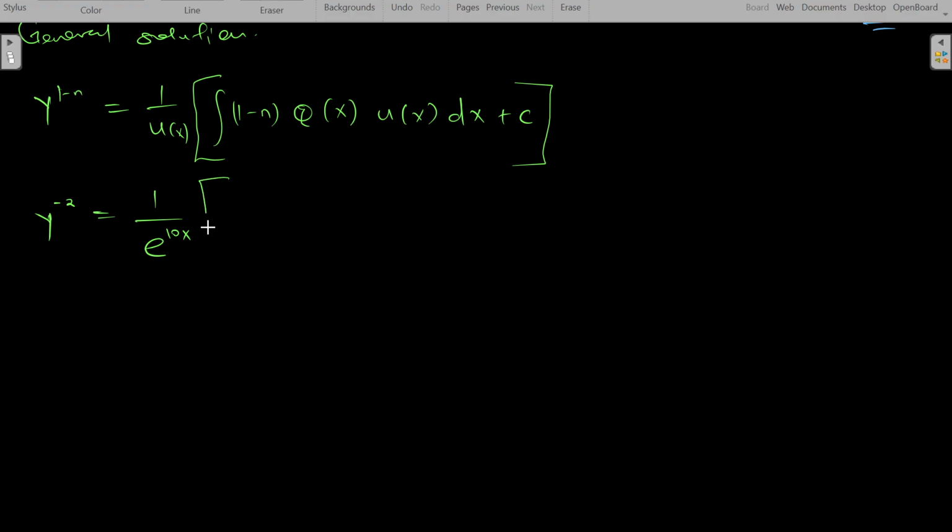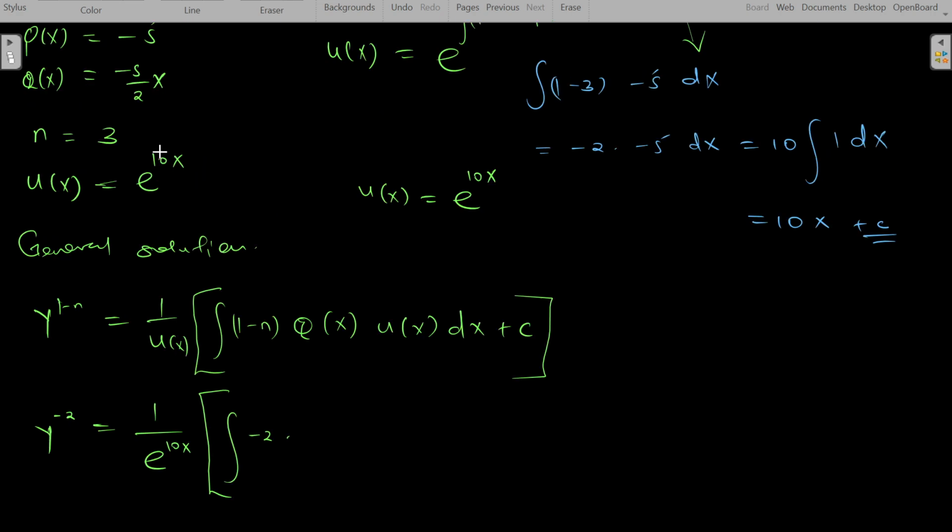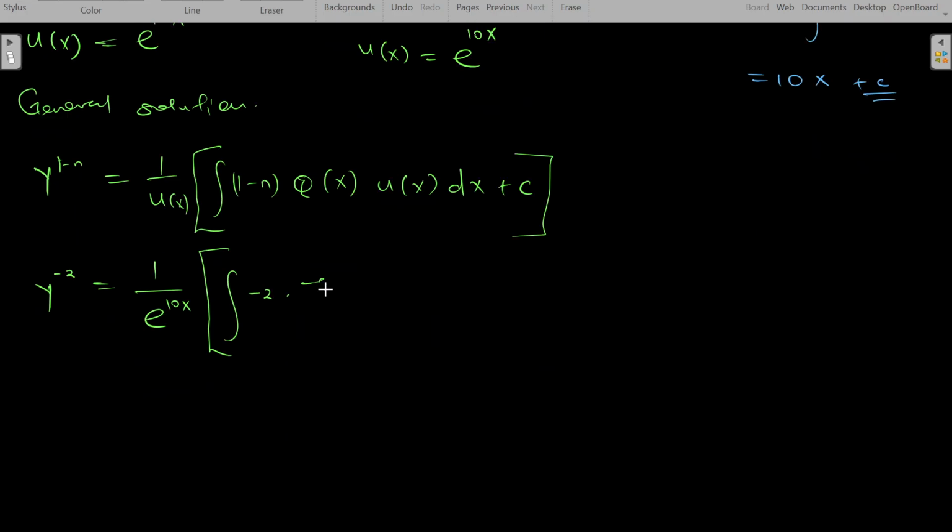Then I'll multiply that whole expression with the integral of -2 multiplied by -5/(2x), multiplied by mu(x), where mu(x) is e raised to 10x, dx plus c.